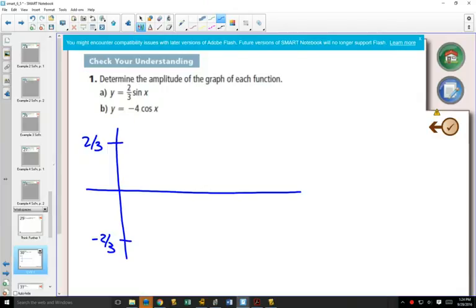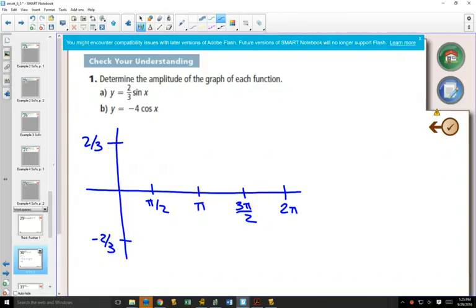Again, how do we graph things? We're going to split the x-axis into 4 equal sections, and you're going to always label your period along there. Now the period of sine is 2 pi, so we're going to label 2 pi and divide it into 4 equal sections. And then your parent graph for sine always starts on the center line.